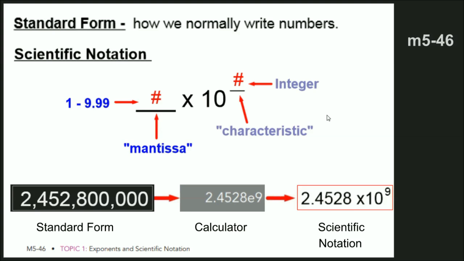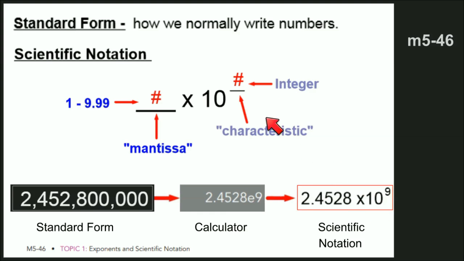So go ahead and write this down. Again, our mantissa has to be bigger than 1 and less than 10. So we have 2.4528 times 10 to the 9th power. If you look at some similarities between our calculator and our scientific notation, really that letter E is taken out and a times 10 gets put in its place.